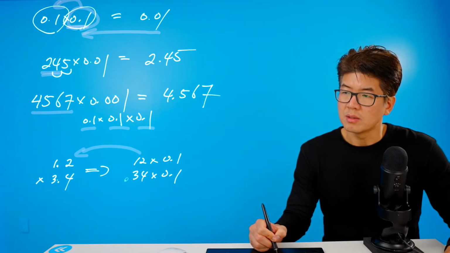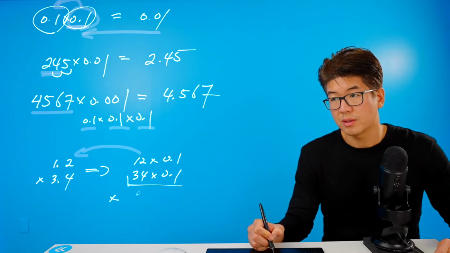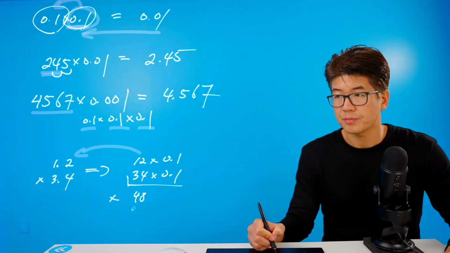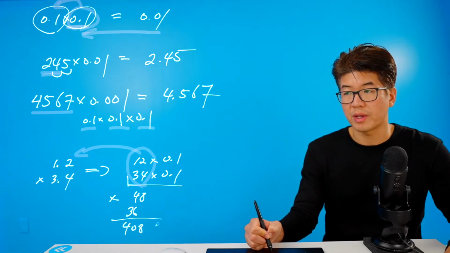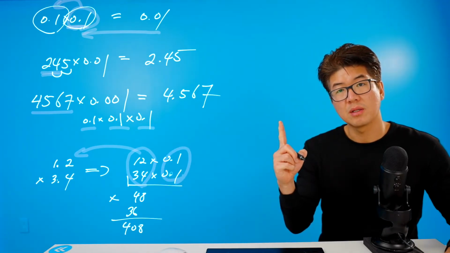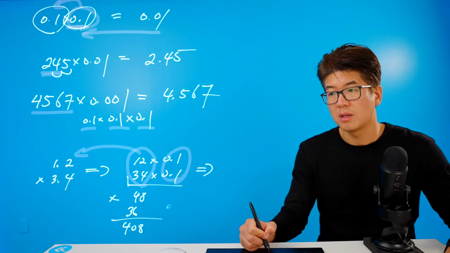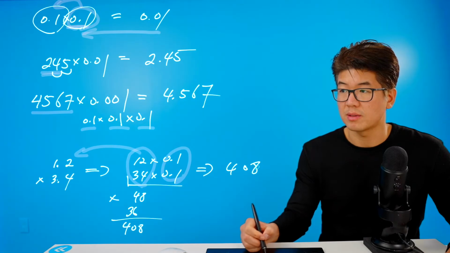So what this means is that we can just multiply 12 times 34 first. So that's 48, 36, that's 408. But on top of that, we have to multiply by this twice, which means it's going to be 408 with 2 decimal places.